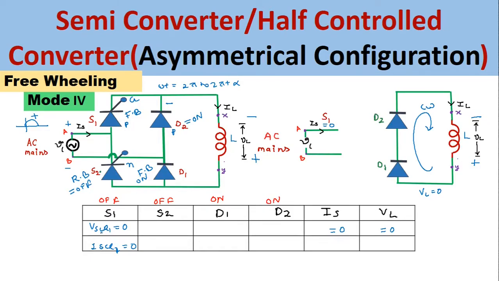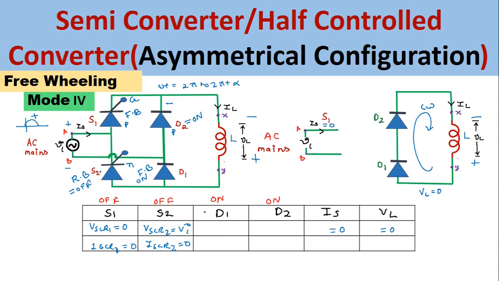Now we will take SCR2. SCR2 is in the reverse bias condition, that means the voltage across this SCR2 will be equal to the input voltage, and since it is in off condition, the current through this SCR2 will be equal to 0.